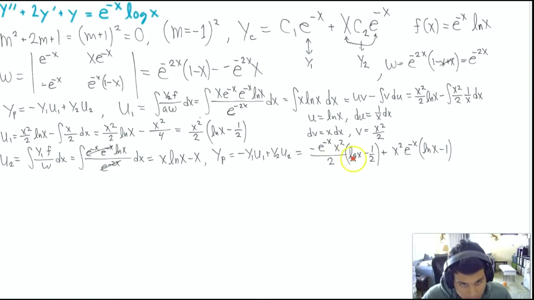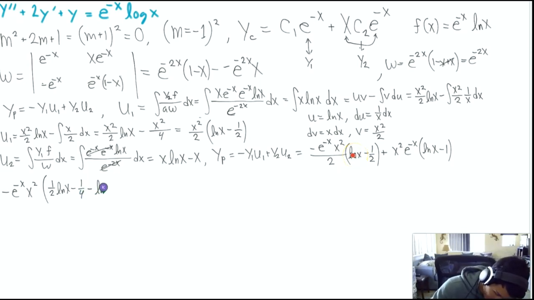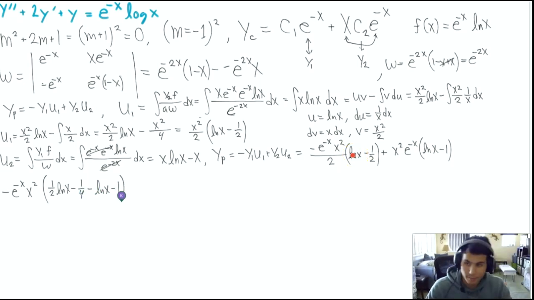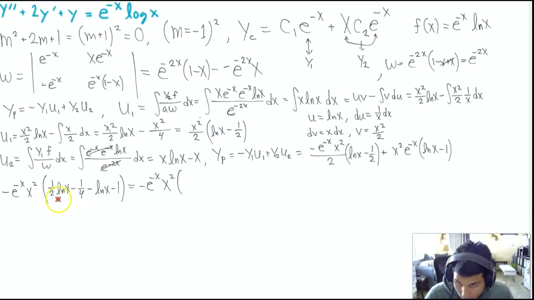Now we could rewrite it one more time. Should we? Why don't we? It's negative e to the negative x squared, times 1/2 ln x minus 1/4, minus ln x minus 1. And that is equal to negative e to the negative x squared times, with 1/4 and negative 1.